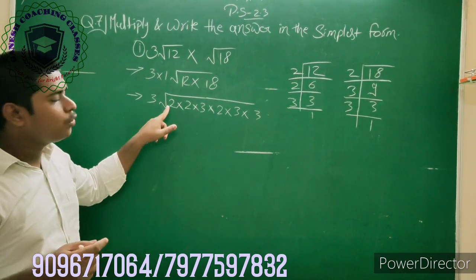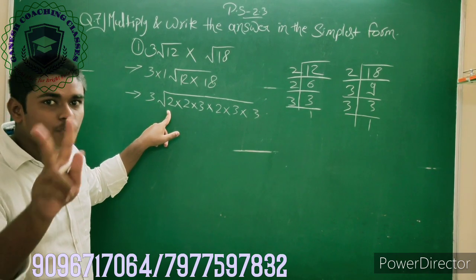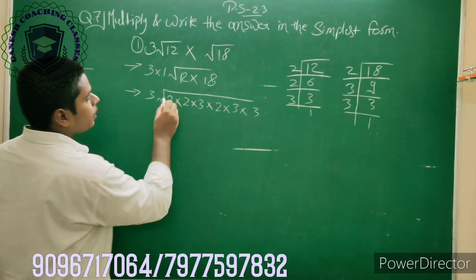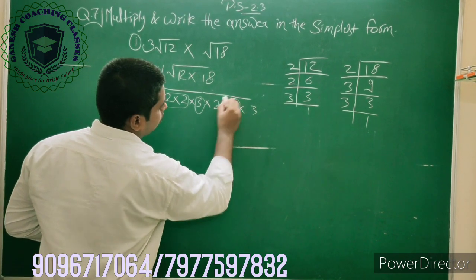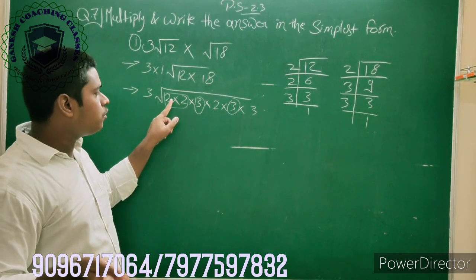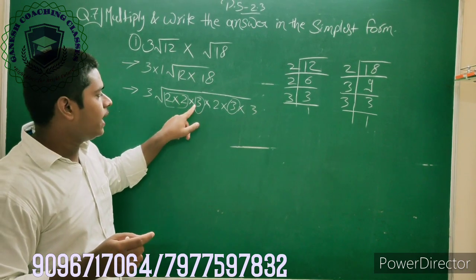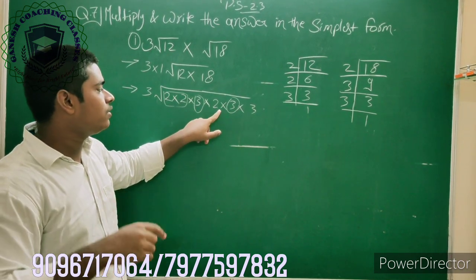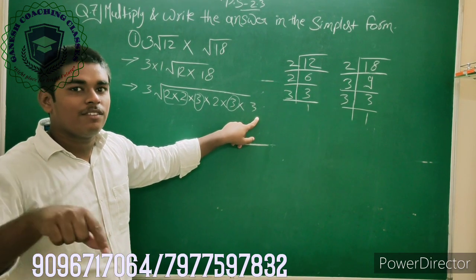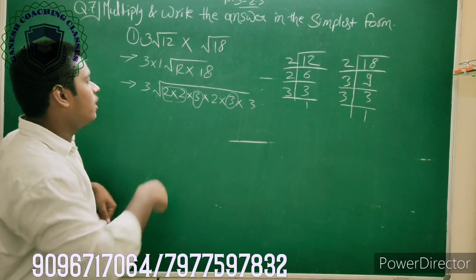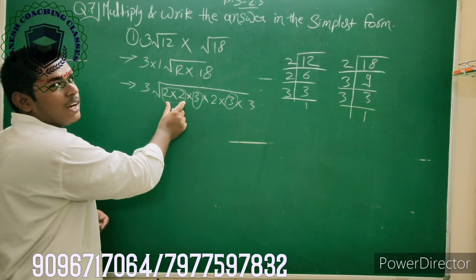In a square root, we know that we have to make pairs of numbers. Here we get one pair of 2 and one pair of 3. What are the remaining numbers? 2 and 3. These remaining numbers we write as they are inside the root, and the pairs we take outside the root.